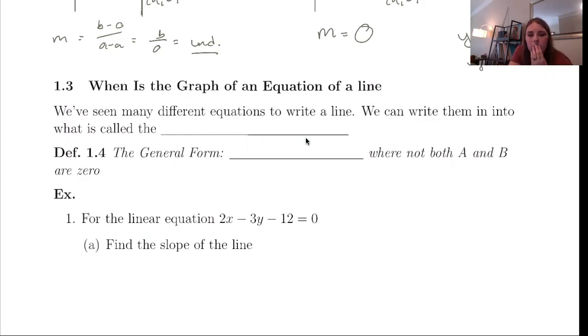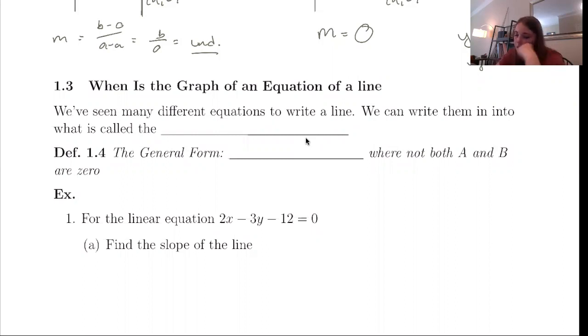While I'm doing that, think about if you have any questions about vertical and horizontal lines. Oh, there it is. Okay, there we go.